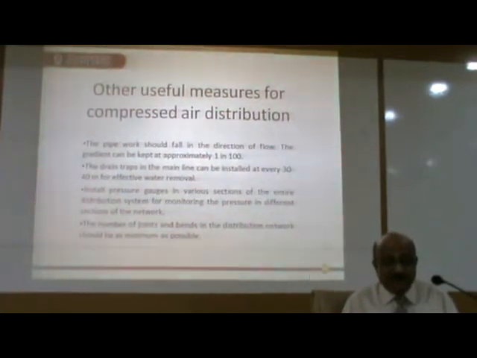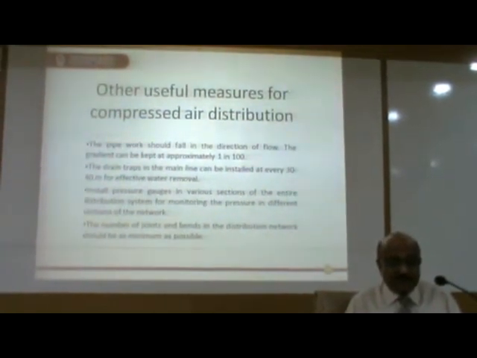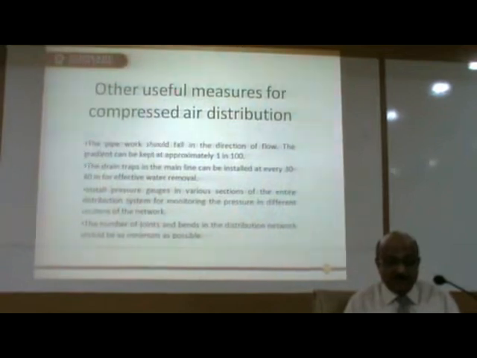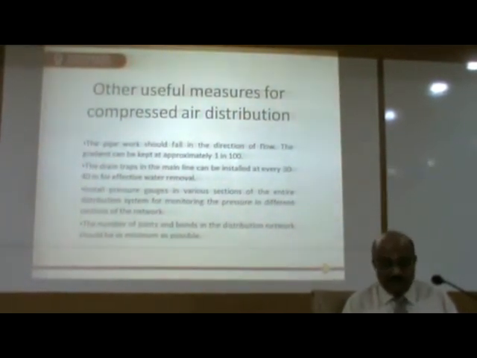Install pressure gauges in various sections of the entire distribution system for monitoring the pressure in different sections of the network. The number of joints and bends in the distribution network should be as minimal as possible.